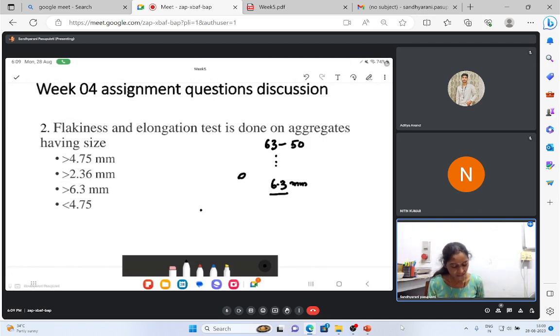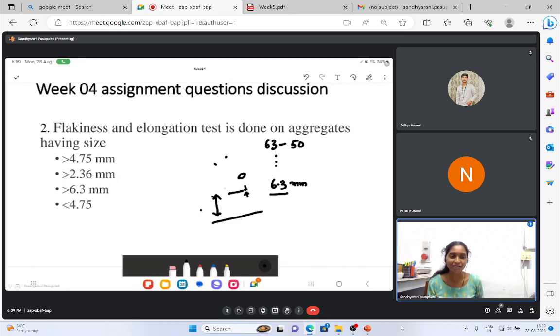Flakiness is nothing but flatness, how thin the material is, and elongation is how lengthy the aggregate is. These two are problematic only in coarse aggregates. If the fine aggregates are very small, whether they are very long or very thin, it is not going to affect the performance of the mixture.